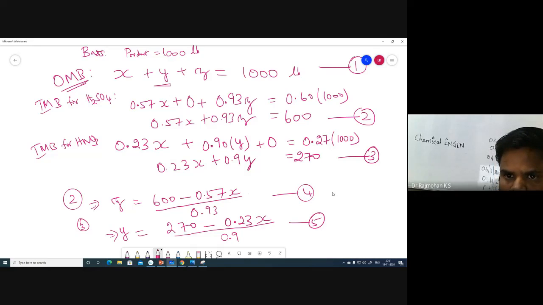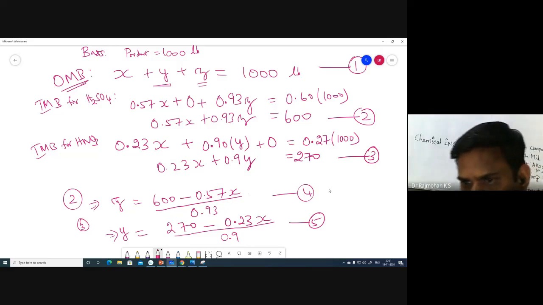So here you can replace y, here you can replace z. Substituting 4 and 5 in 1, you will get the value of x.